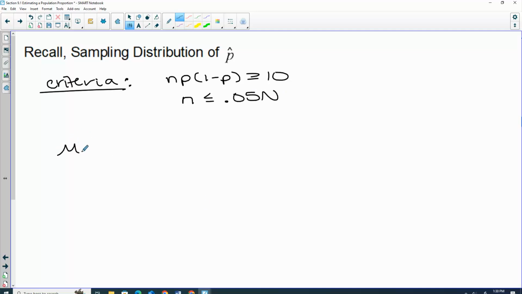The mean for p-hat is just our population proportion. The standard deviation for p-hat is the square root of p times 1 minus p over n.